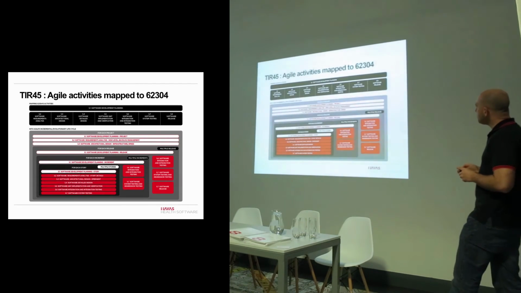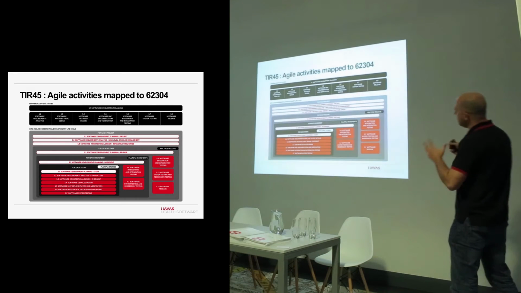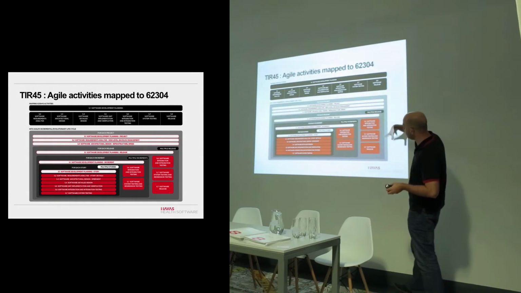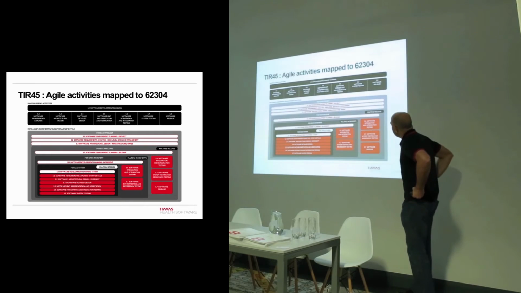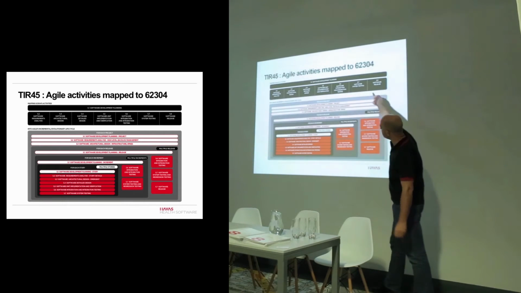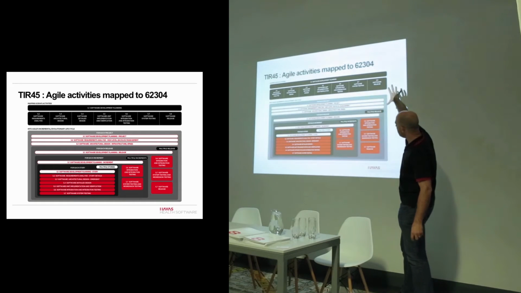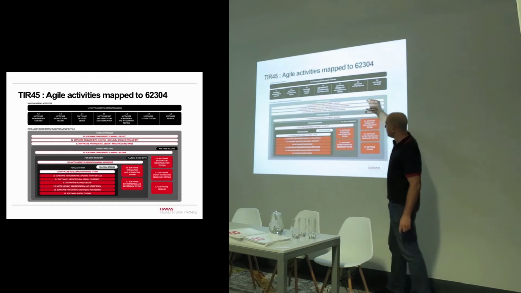So in TR 45, what does it do? How does it apply it? This diagram is very similar to the one I showed you before. But what TR 45 does is it takes the requirements of a lot of these things, what we've just seen in 60.3.4, and then says, okay, how do I, in an Agile sense, apply these things?